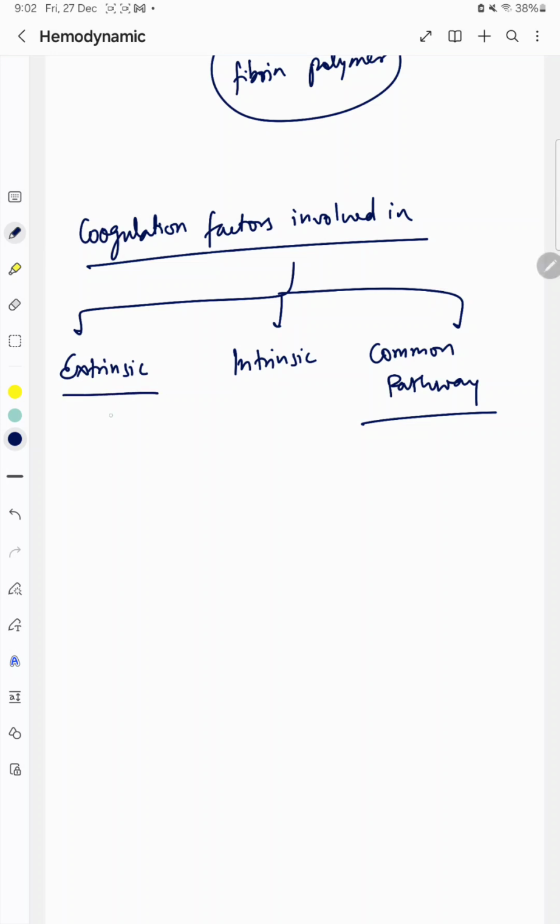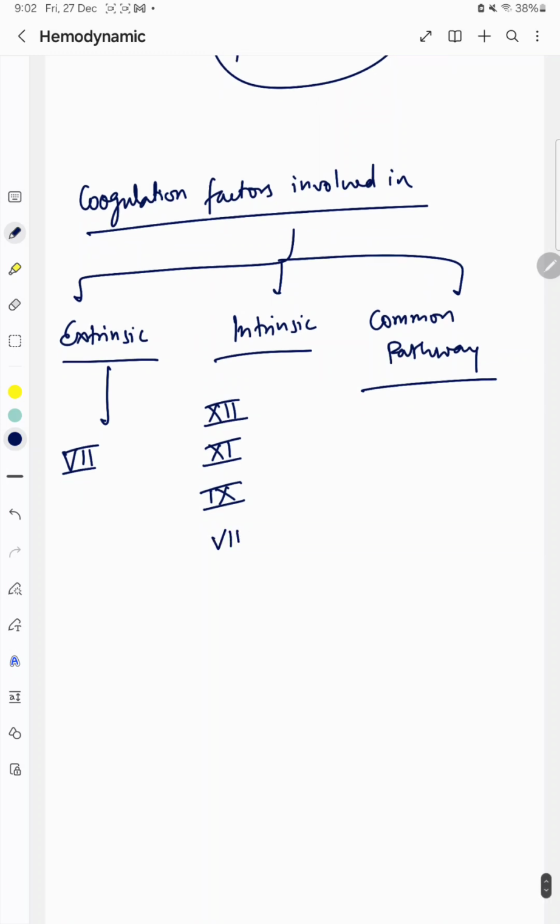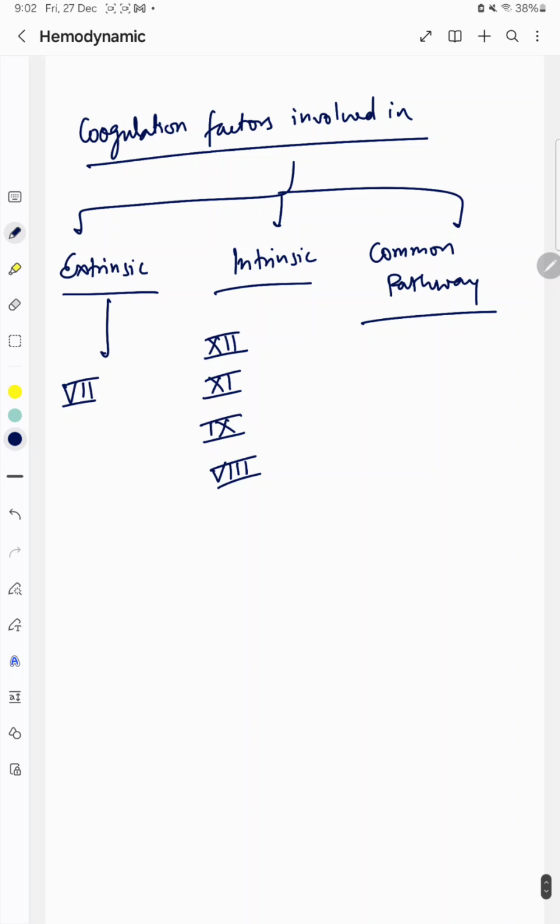In the extrinsic pathway, factor 7. In the intrinsic pathway, factor 12, factor 11, coagulation factor 9, factor 8, pre-kallikrein, high molecular weight kallikrein, high molecular weight kininogen.